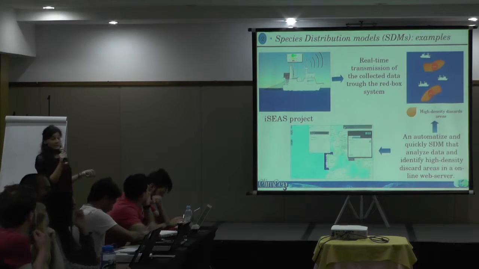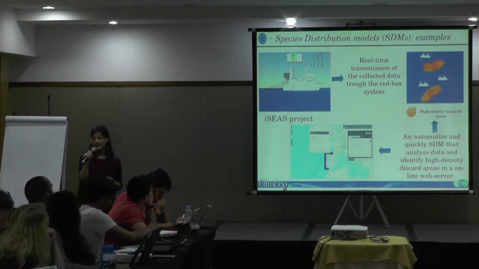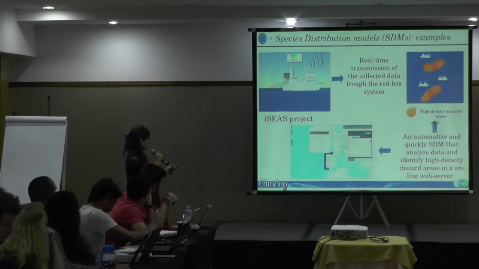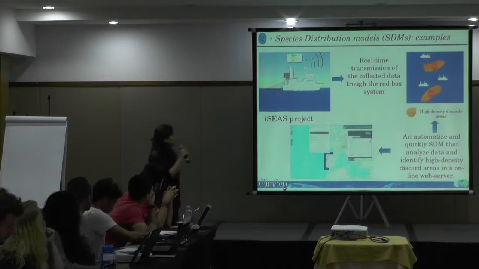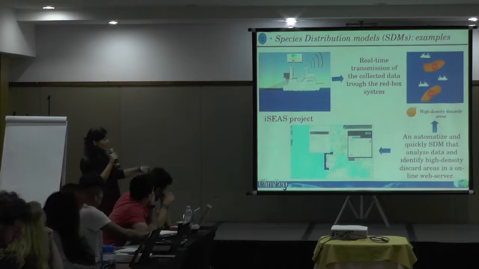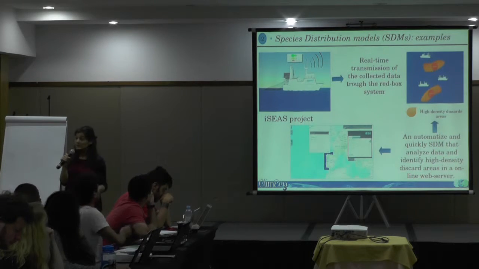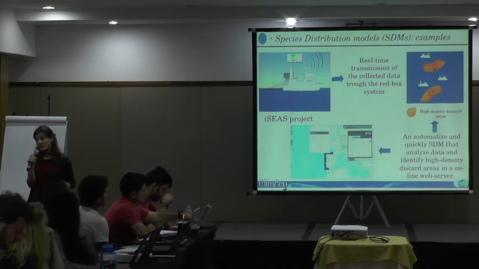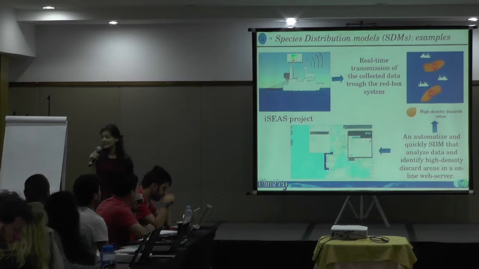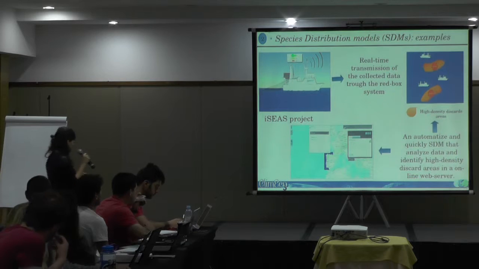So we are working closely with the fishers, and we are doing species distribution models in real time. We built a web tool, like this one, that the fishers can consult. In real time, they can know the areas in which there is a high density of discard, so they can avoid these areas. They have less ecological impact, and they also get an economic gain, because of course they are interested in the economic part.